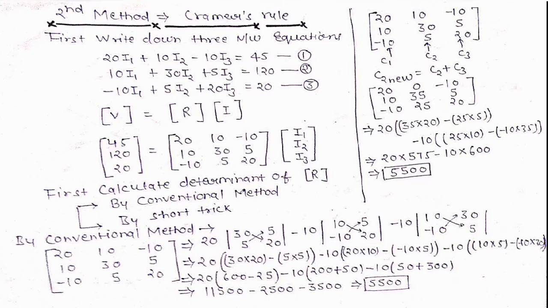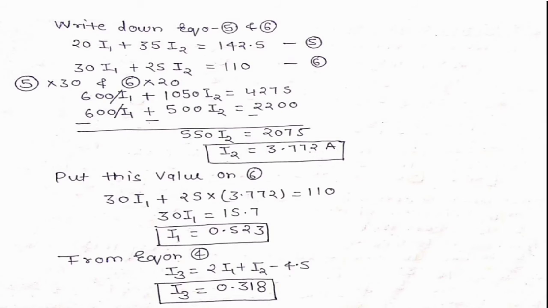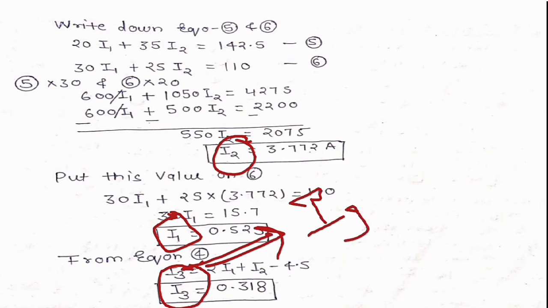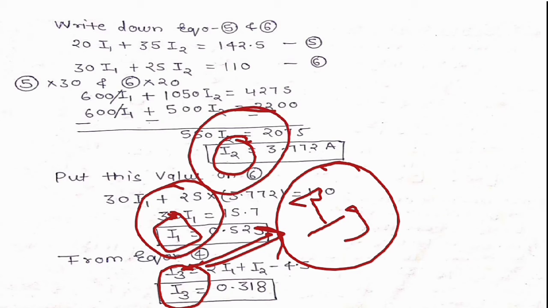And there is also a drawback of this conventional approach. If you assume that you do not need I1 and I2, you only need I3, or the question only asks for the I3 value, in that case also you will have to calculate I1 and I2 in the conventional approach.